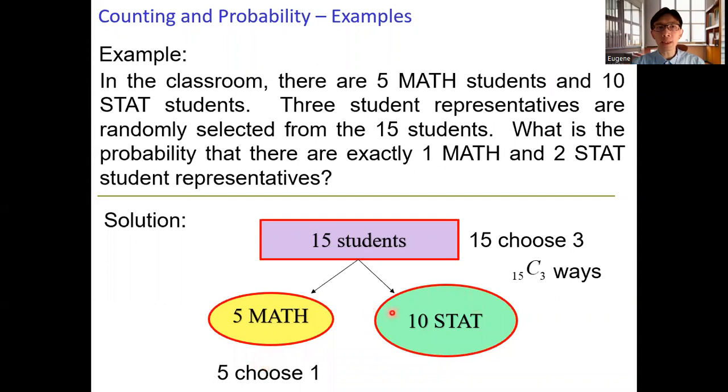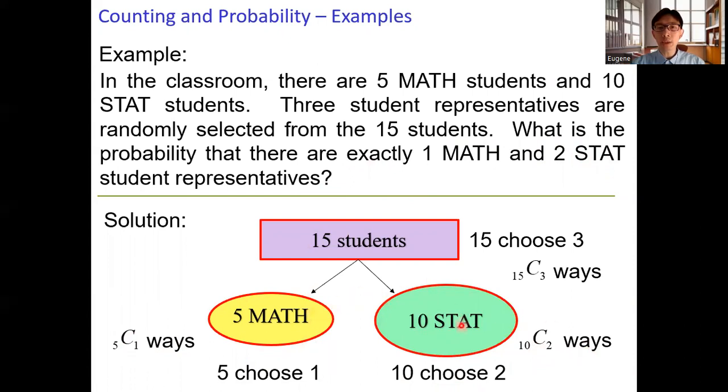And for the 10 statistics students, we want to select exactly 2. So for the math student, there are 5C1 ways. And for choosing the 2 stat students, there are 10C2 ways.